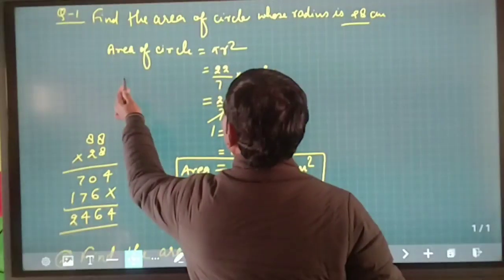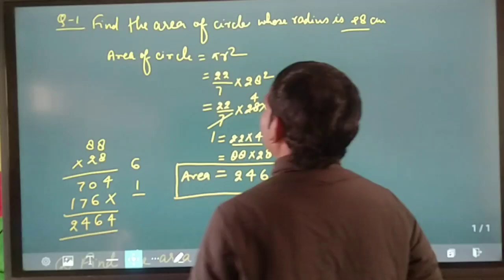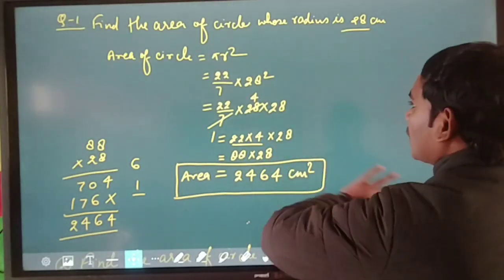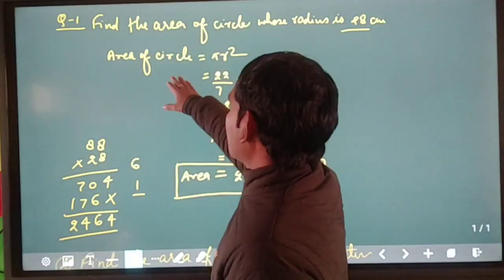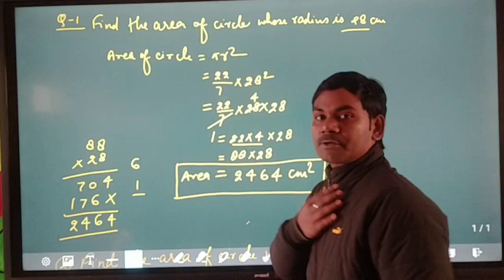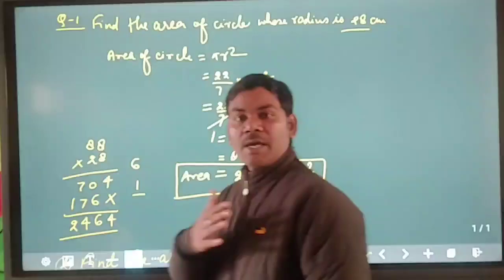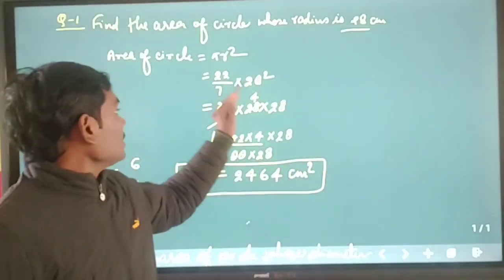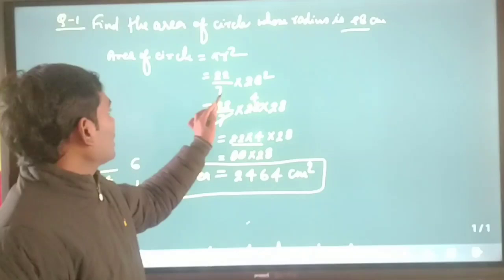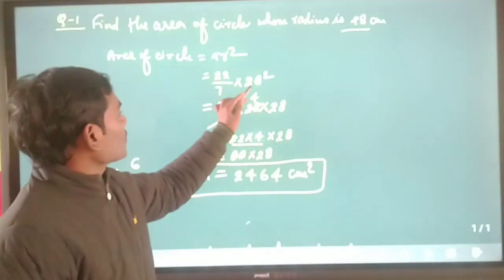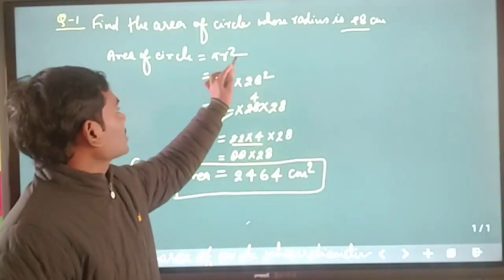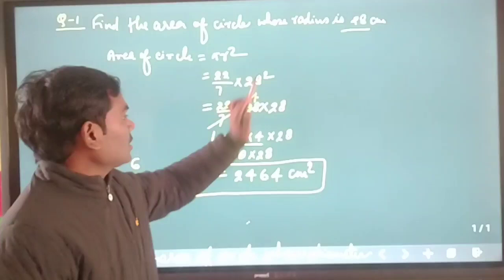The first question is: find the area of circle whose radius is 28. Since we know that the area of circle is pi r square and the value of pi is 22 by 7, we write 22 by 7 and the value of r is 28. Since r is squared, so 28 square.